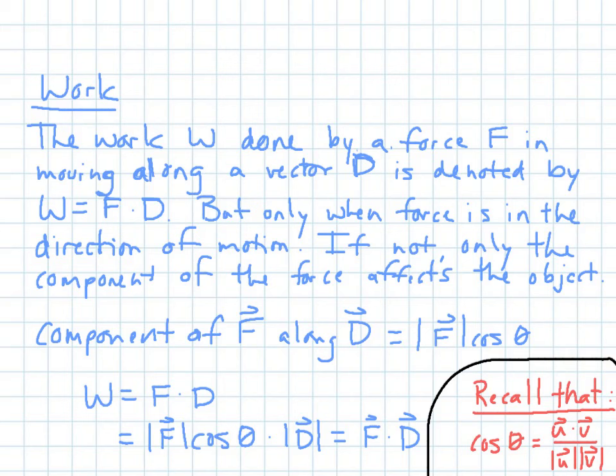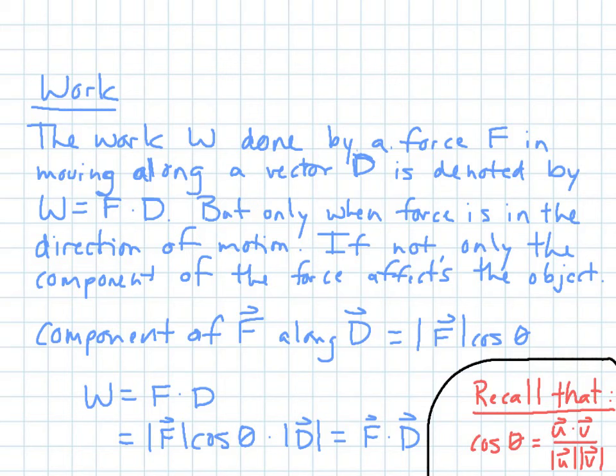So something called work. Now work, W, done by a force F, in moving along a vector D, is denoted by work equals force times D, but only when force is in the direction of motion. So force is moving in the same direction as D. If force is not moving in the same direction, then only the component of force affects the object.